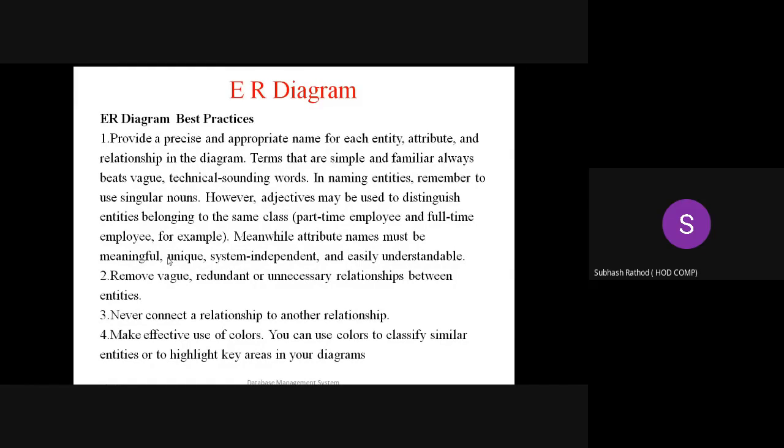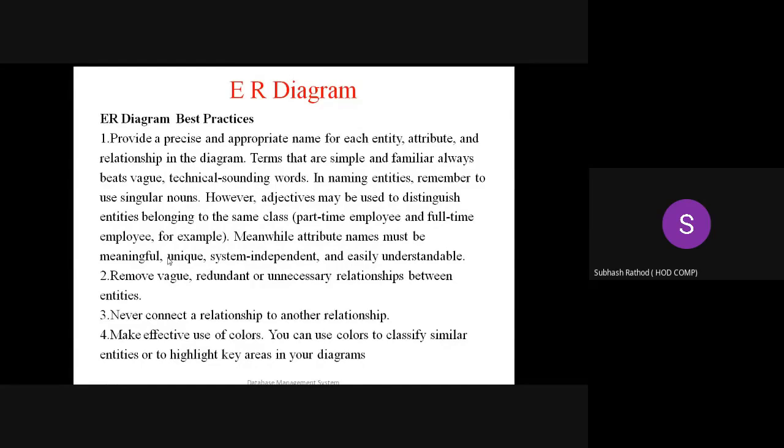Point number four, make effective use of colors to visualize things. Color is for visualization and better understanding of ER diagrams. One can use color to classify similar entities or to highlight key areas in the diagram you draw.